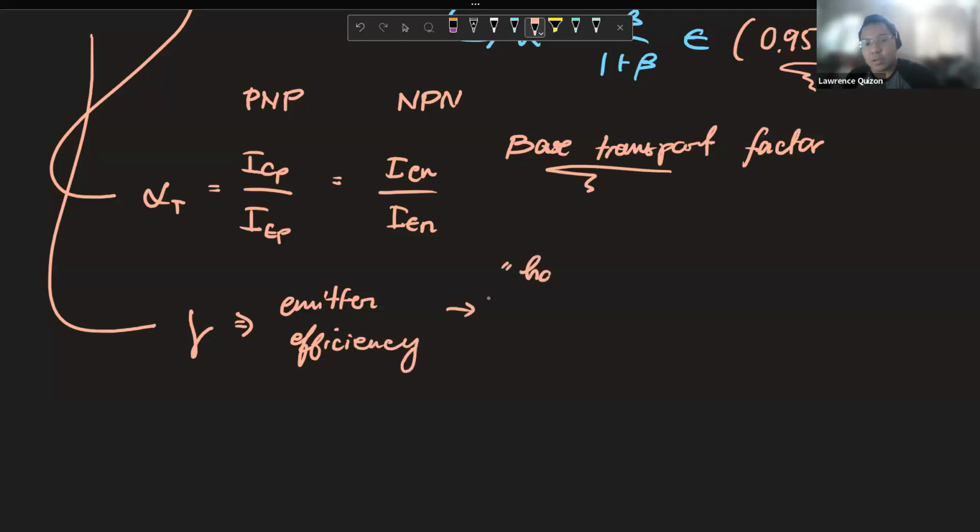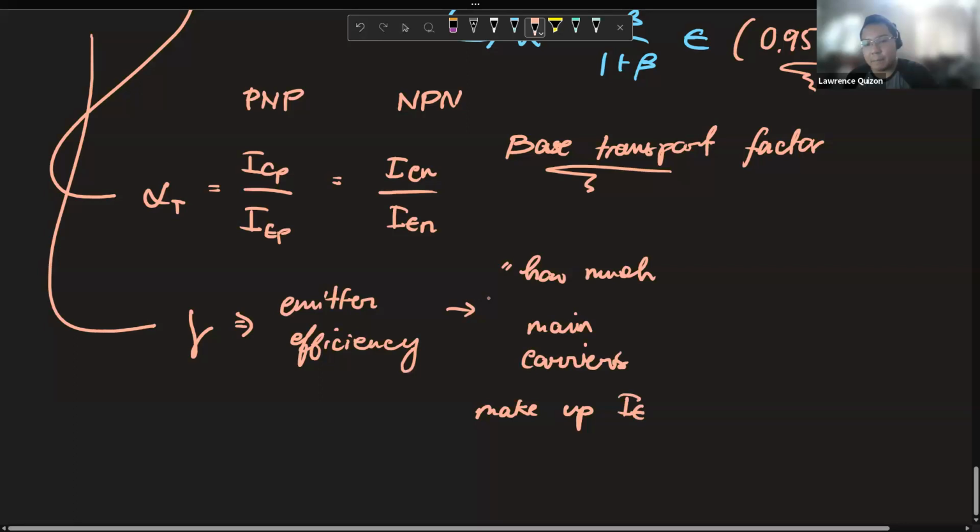So it's a measure of how much main carriers make up IE, no? So then this is equal to IE of the main carrier. For PNP, this would be this over the total IE, so for PNP, this would be IEP.